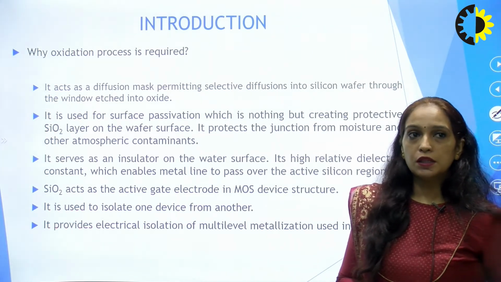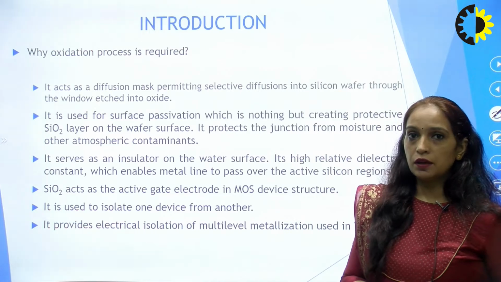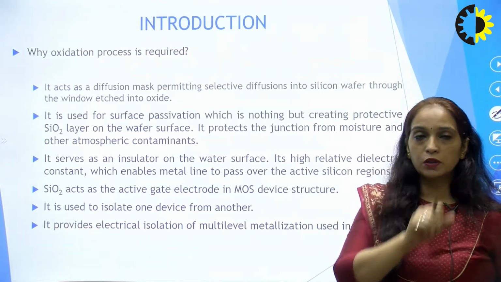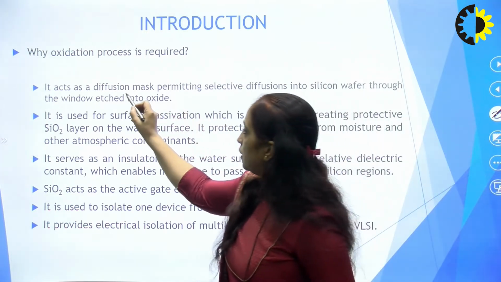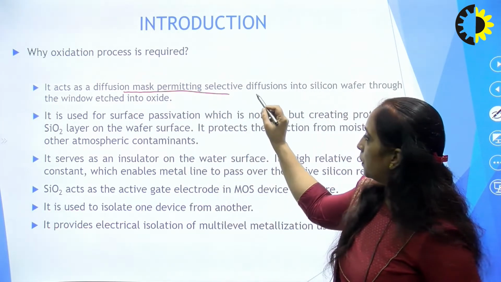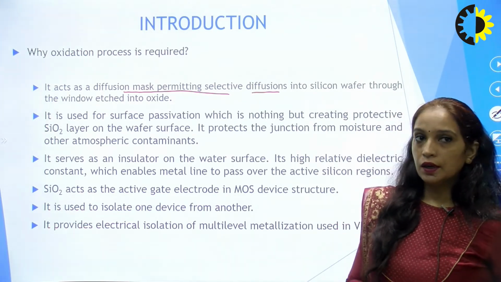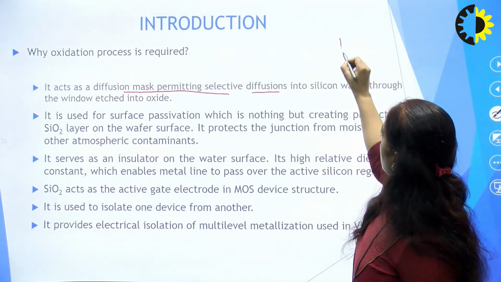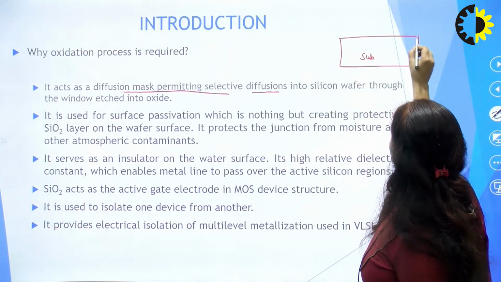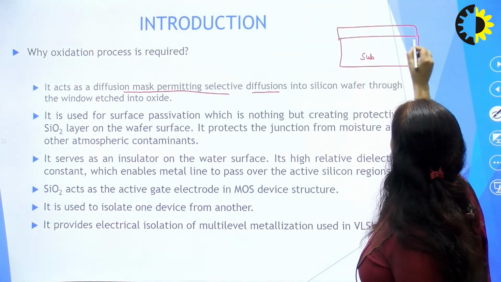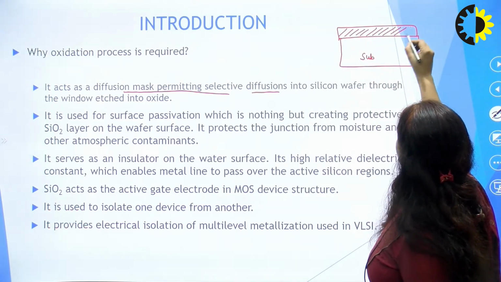So why is this oxidation required? Because in IC fabrication technology, we have to fabricate n number of MOSFETs on a single wafer. So it acts as a diffusion mask which permits selective diffusion into the silicon wafer. In the last slide I drew the diagram: we have this substrate and we have this silicon dioxide.